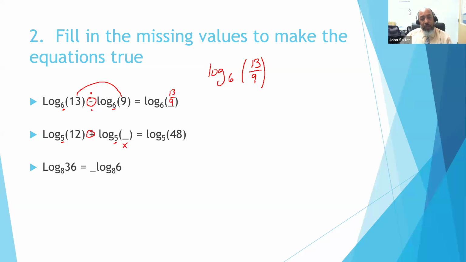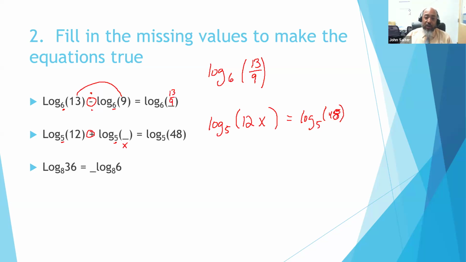So I keep the base, log base 5, of my arguments multiplied. So 12 times my second argument, which I'm going to call x. And I know that's equal to log base 5 of 48.